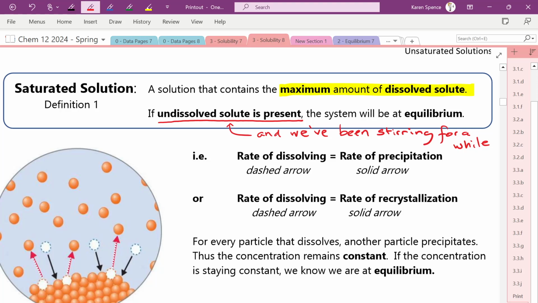And you can see in the picture, I have my red arrows. Now I have 3 dissolving. 1, 2, 3 red arrows. And I've also got 3 black arrows. 3, 3. Crystallize.